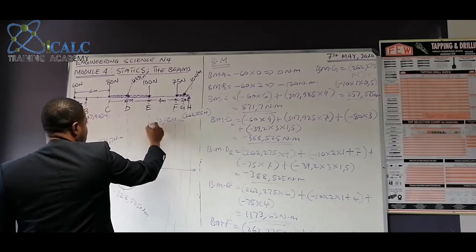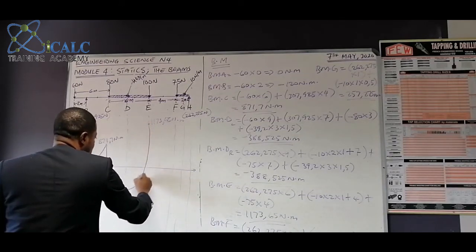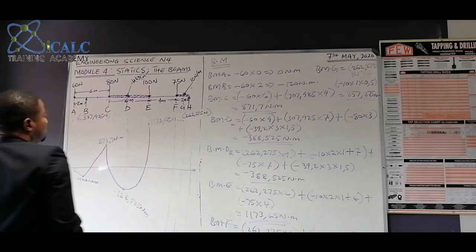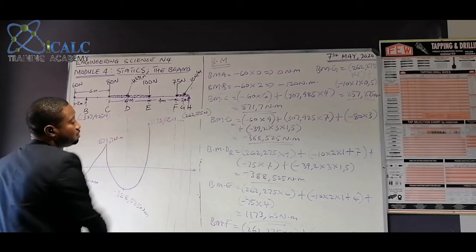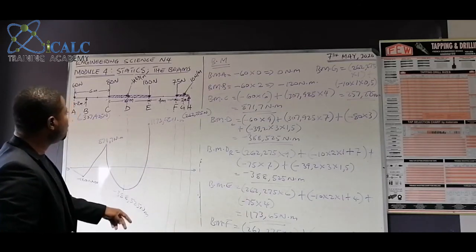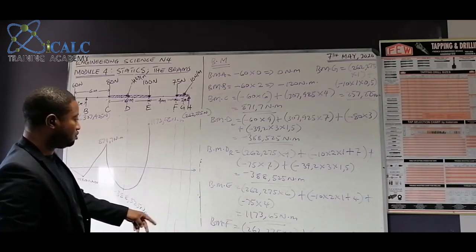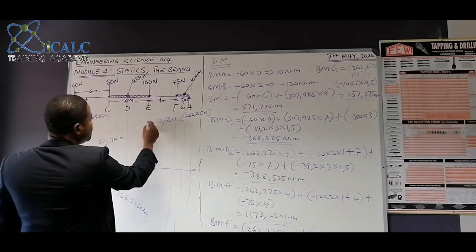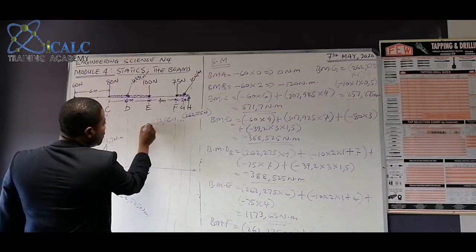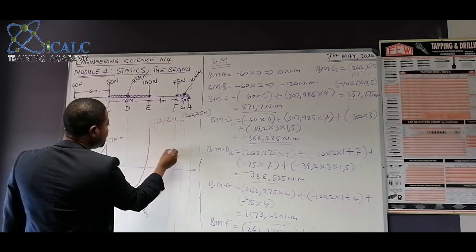Okay, we have to bend there, and that is that. All right, and then for BMF, it's also still positive. So here we can slant down.